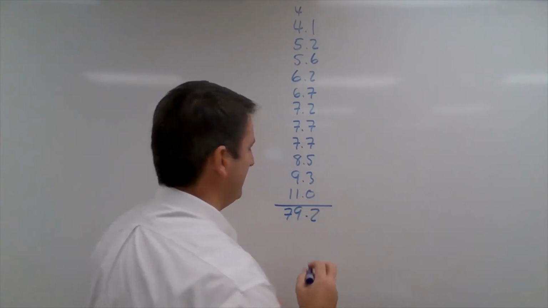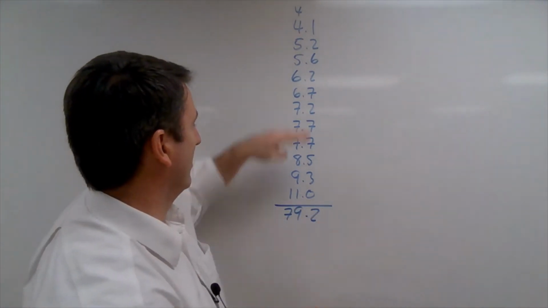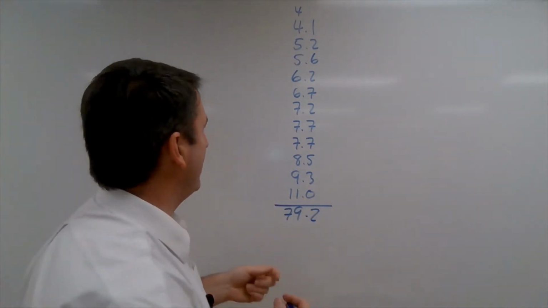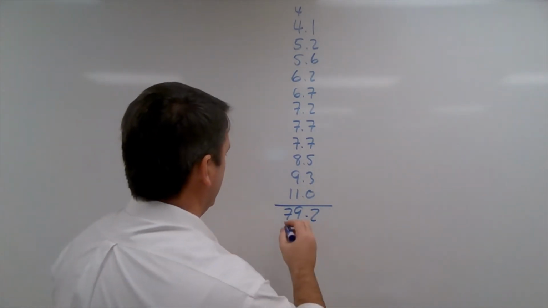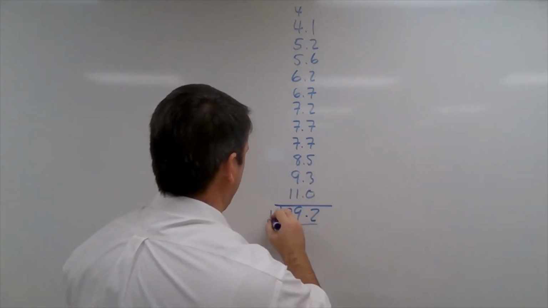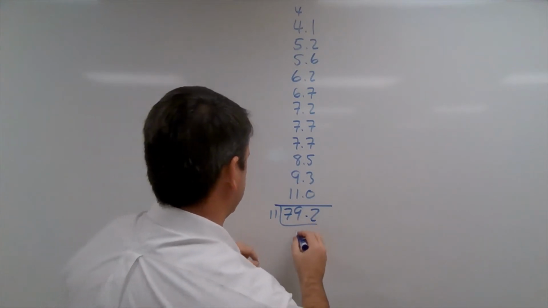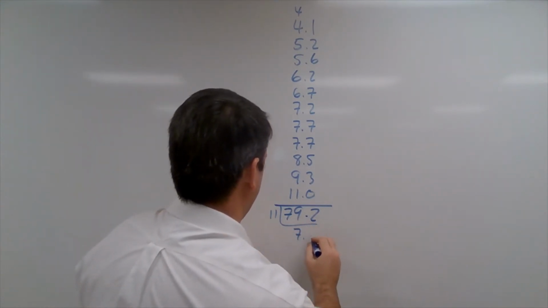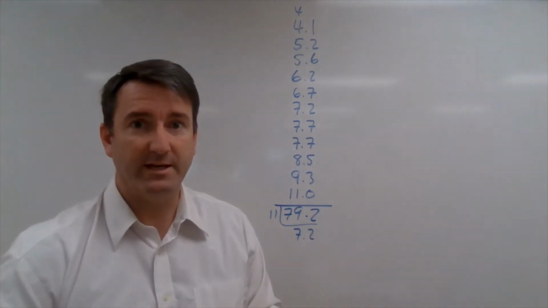So 79.2 is the total wait time. And then we divide this by, there are 11 different times here. So if we divide this by 11, that's going to be 7.2 is our mean.